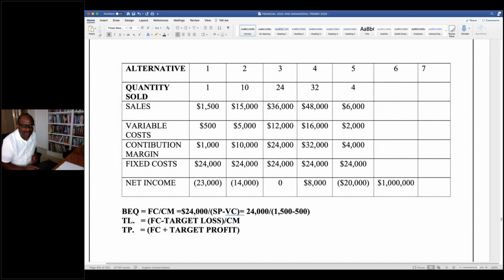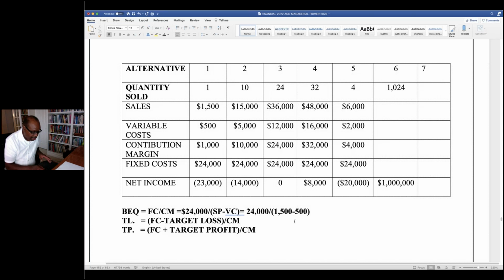I got 1,024. Less the CM. Okay. So you say you got 1,024? Yes, I did. 24,000, the fixed cost, plus the target profit of 1 million, divided by 1,500 minus 500, which gave me 1,024.